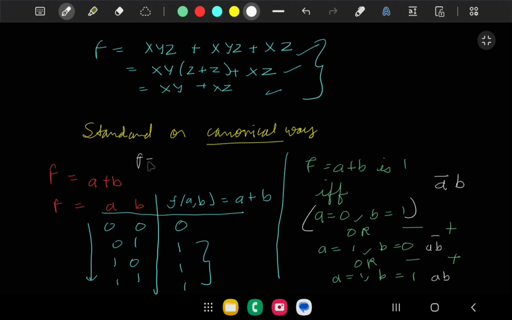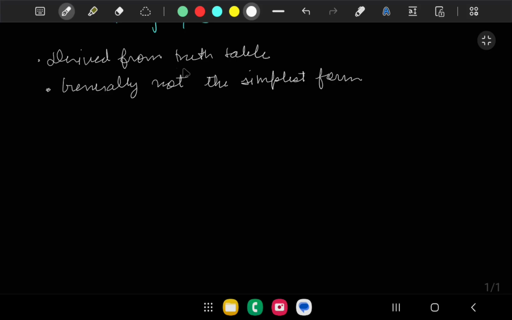So f equals to a bar b plus ab bar plus ab. So you can see that same expression you can write in different way, right? So we need a standard way to write an expression, right? Two more points about it, that it is derived from the truth table and generally not the simplest form.